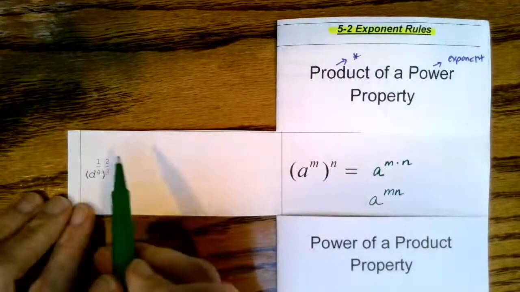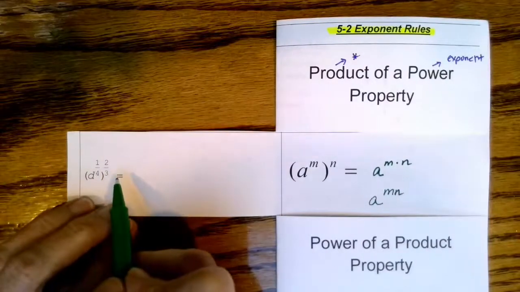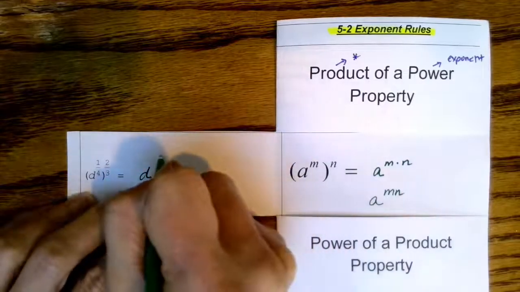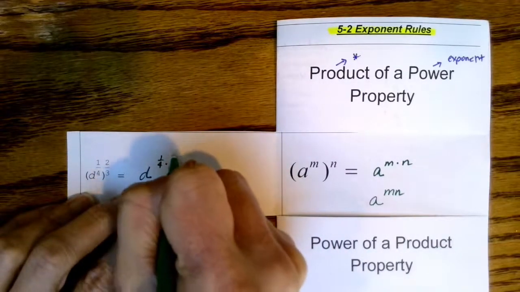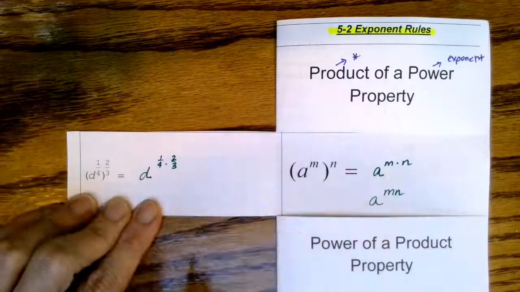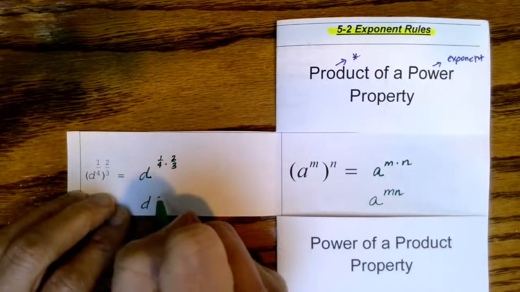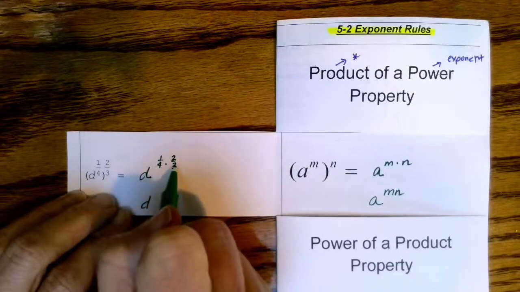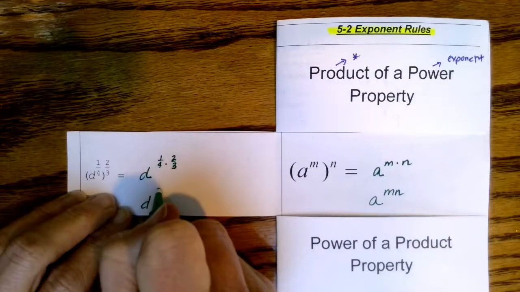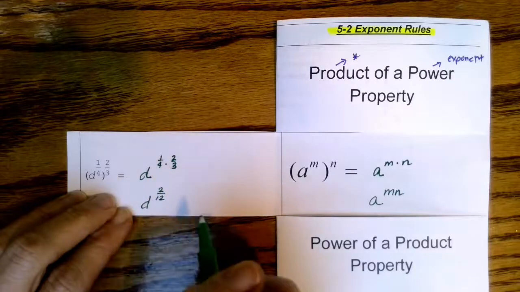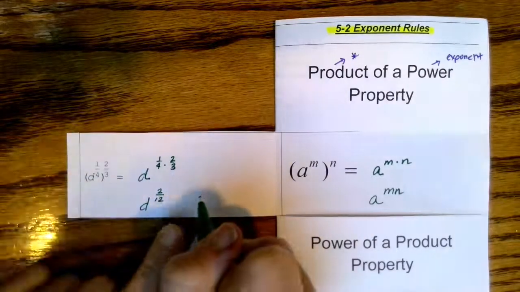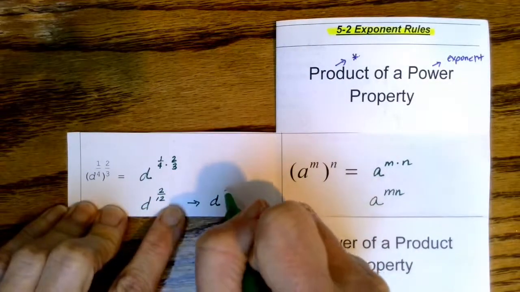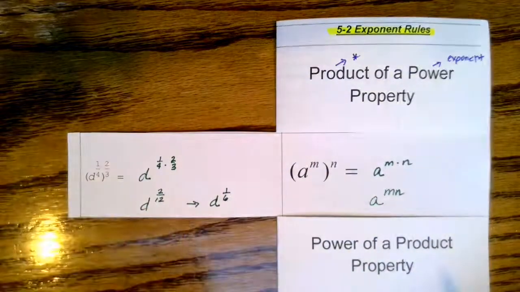When I come over here and I look at a rational exponent problem, my d is going to be to the 1/4 times 2/3. My favorite little poem is multiplying fractions is no problem. Top times top, bottom times bottom, which is going to give me 2/12. Keep in mind you need to simplify, so this is going to become d to the 1/6 power.